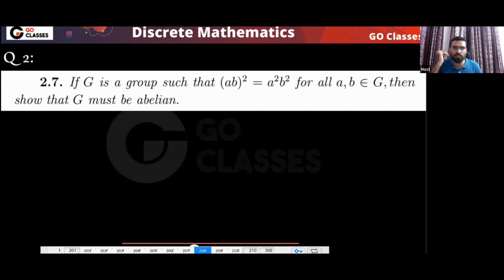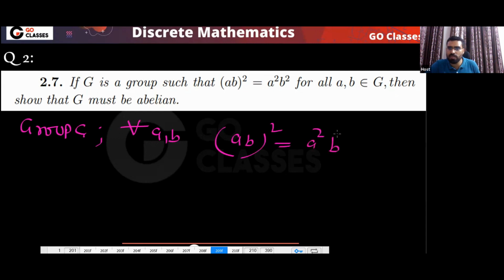Now let's see question number 2. If you have a group with this property, can I say it must be abelian? The proof is very simple. Can you do it? You know that you have a group G, and for all A, B, (AB) square is equal to A square B square.